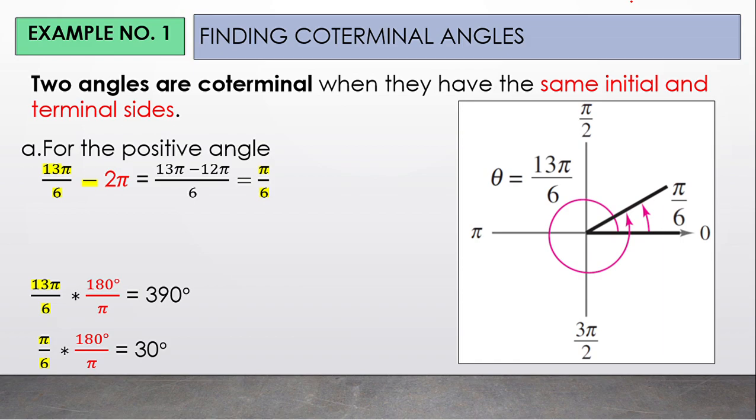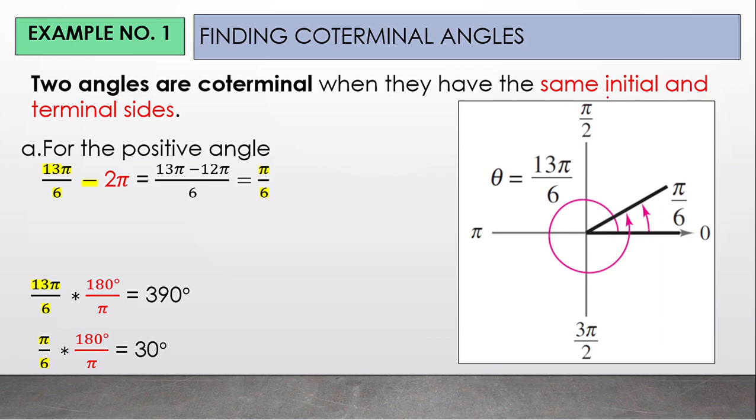Okay, so let's have an example. In finding coterminal angles, kailangan given yung isang ating angle. Madedefine ulit natin kung coterminal siya: two angles are coterminal when they have the same initial and terminal side.